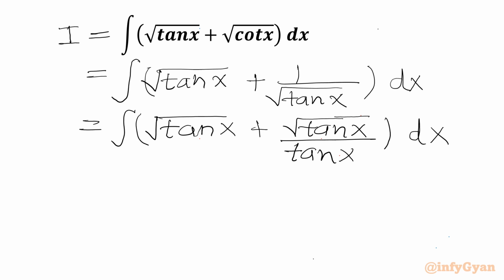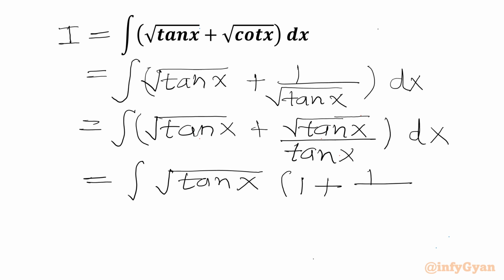Now root tan x is common. So integration square root tan x in bracket 1 plus 1 over tan x times dx. Now 1 over tan is cot.